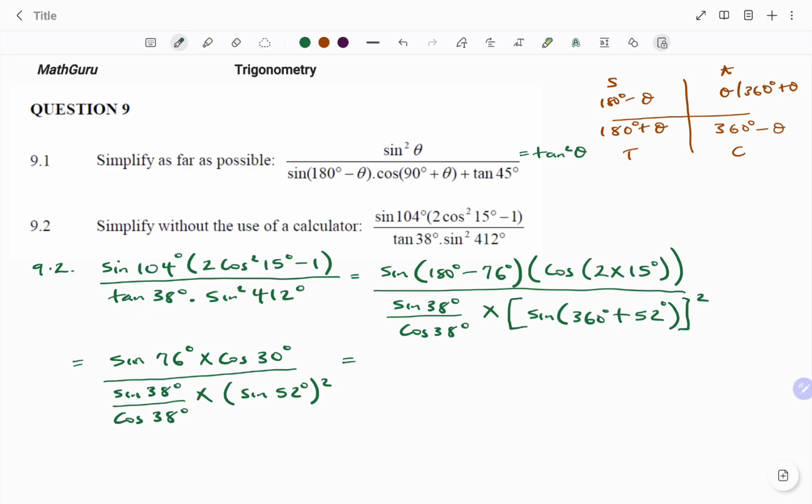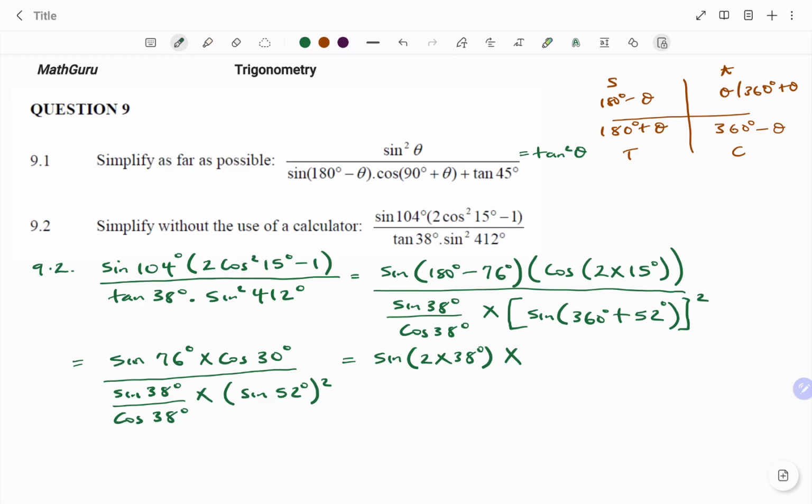So to change that, the clue is looking at the values I have in my expression to see how I can write my angles in similar values. Because at the bottom I have 38 degrees for my sine and cos, I can as well change 76 degrees into a multiple of 38. So if I rewrite my sine, I have sine of 2 times 38 degrees, because 2 times 38 will give me 76.